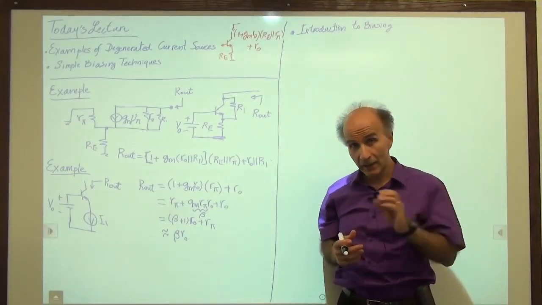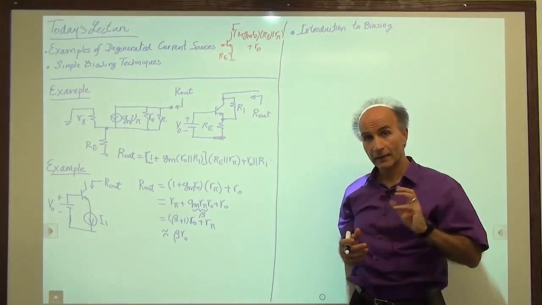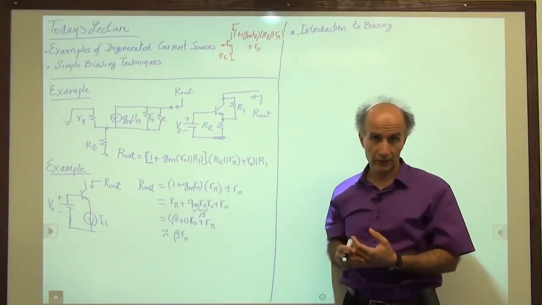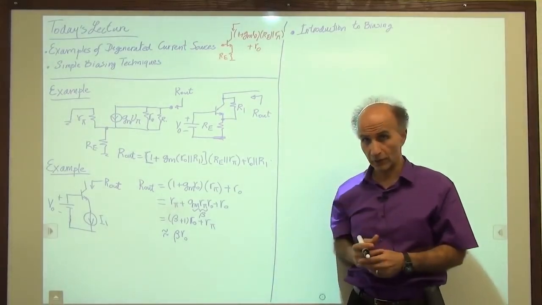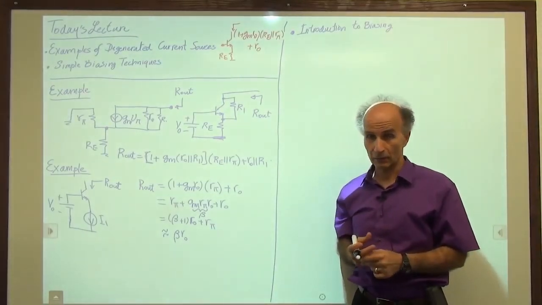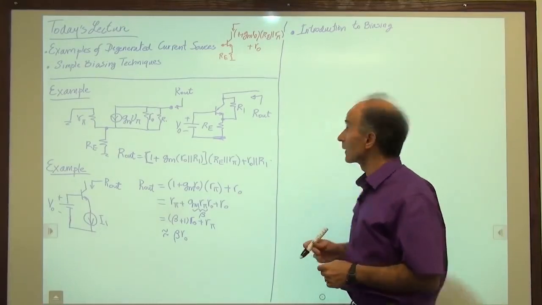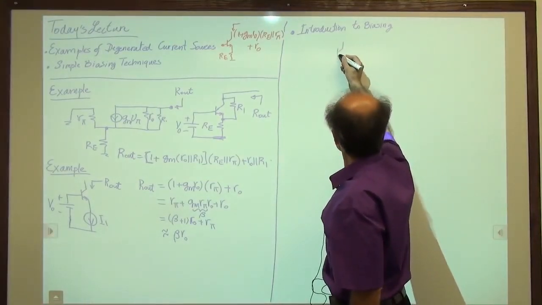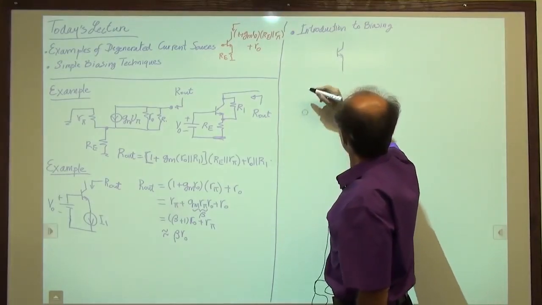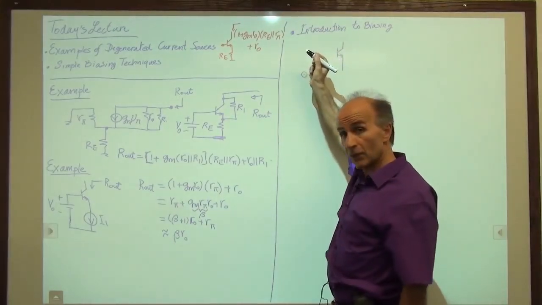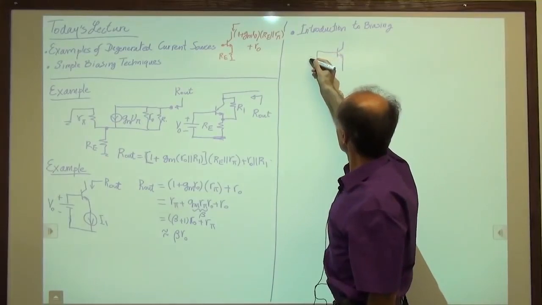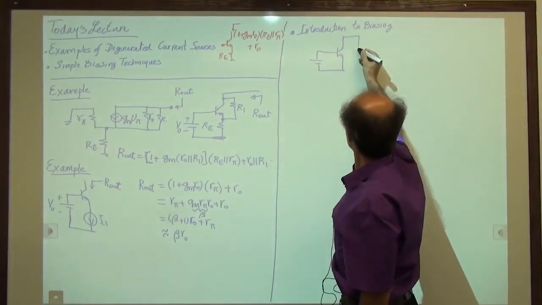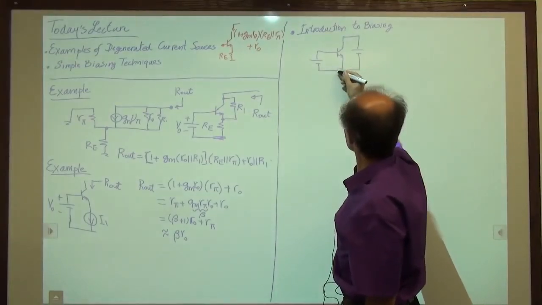So that when the signal comes in, the signal at the input can give us perhaps some reasonable change in the collector current, which we can use eventually to generate a signal voltage at the output. Now, when we have a bipolar transistor like this, and we want to forward bias the base emitter junction, we put a battery here, and then we also had a battery here between the collector and the emitter.